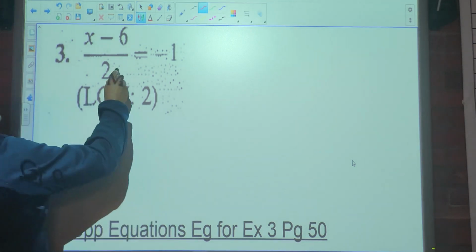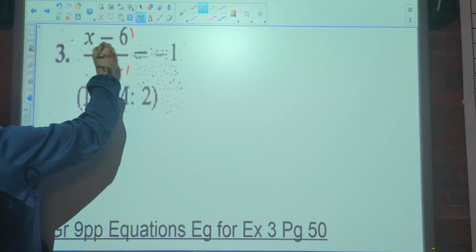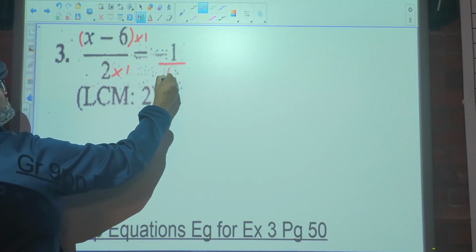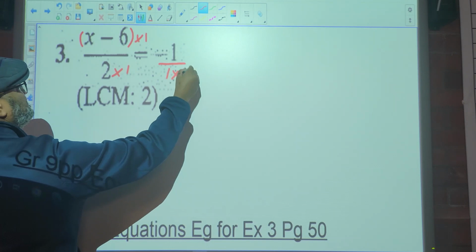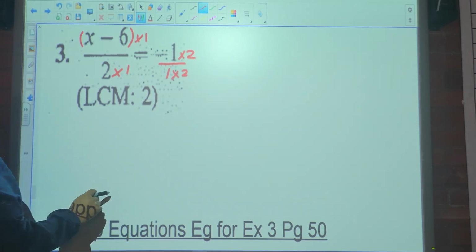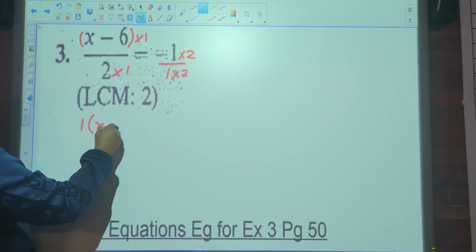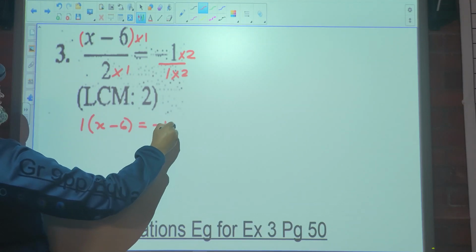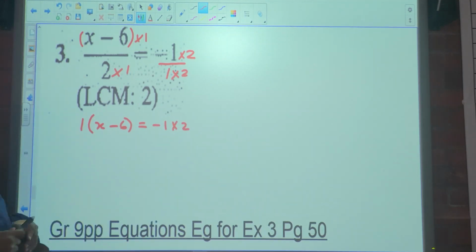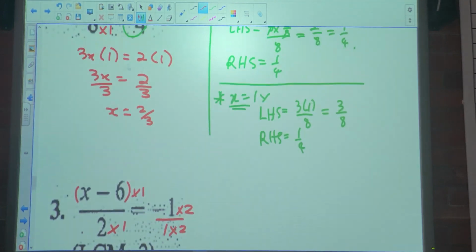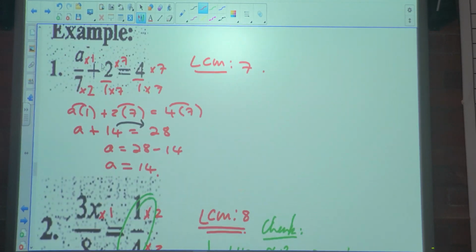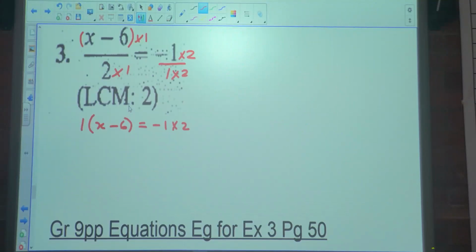So what was this be multiplied by? 1. This by 1. That's naturally over 1. So this been multiplied by 2. So we got 1 into x minus 6 is equal to -1 times 2. But you're going to ask yourself, but why am I always writing this here? Couldn't I just multiply it out here? Isn't that the question you're asking yourself? So you could have done it without writing this here? The answer is correct. Yes, you can.